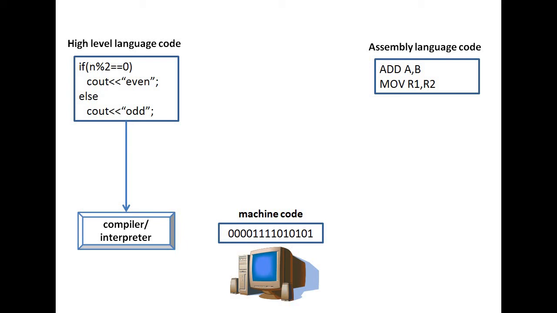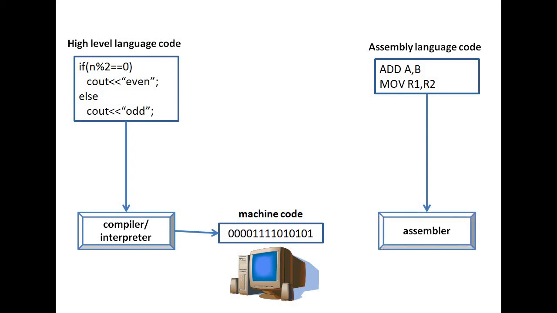These are the two translators used for high level languages that provide us the zeros and ones, the machine code. In the same way, the assembly language code is provided to the assembler, that is also a translator used for assembly language programs. It will also provide us the zeros and ones. So the computer will work according to the instructions provided in the program.